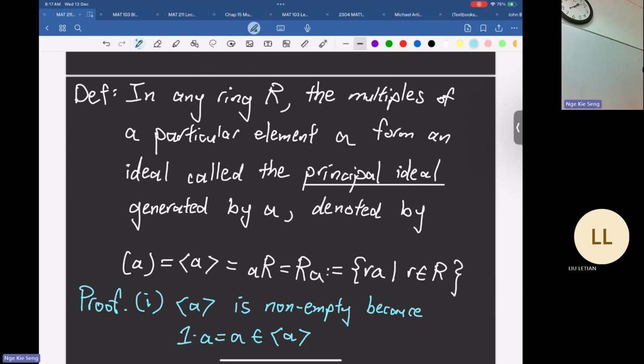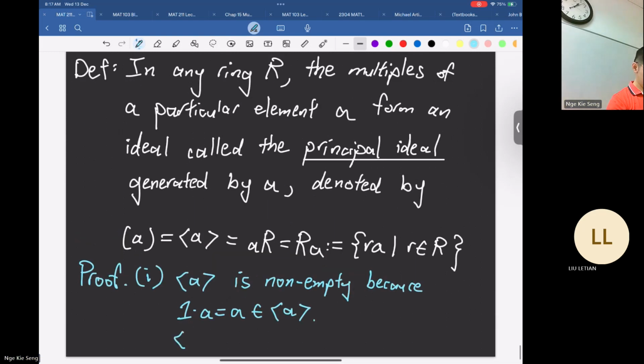Why is it a subset of the ring? All these elements are just r times a, so they are both elements in the ring, and the ring is closed under multiplication. So this set is a subset of R because the ring is closed under multiplication.